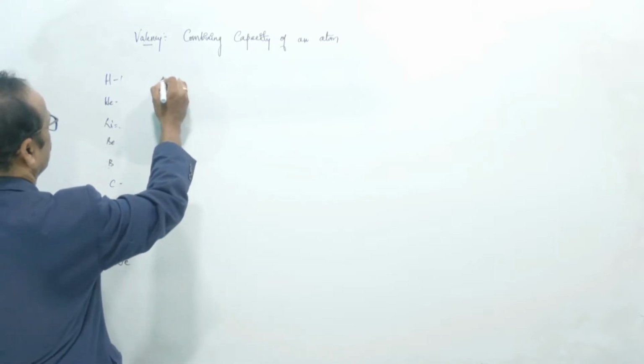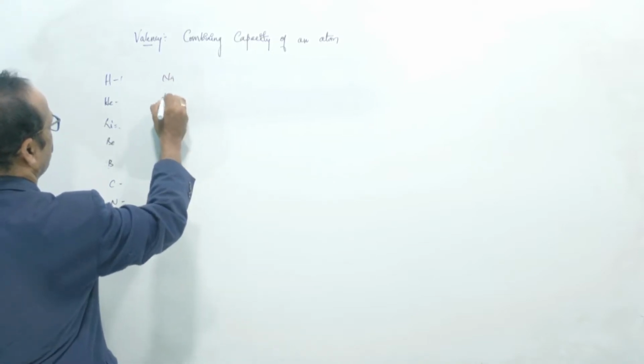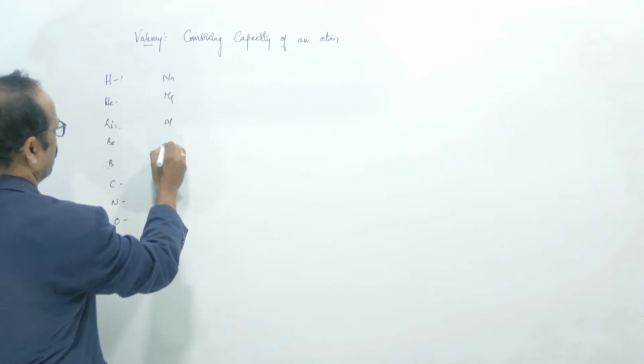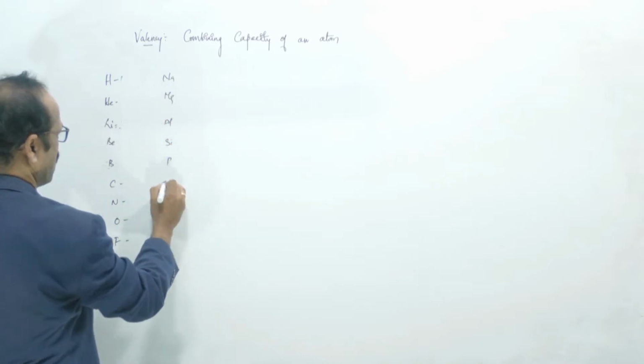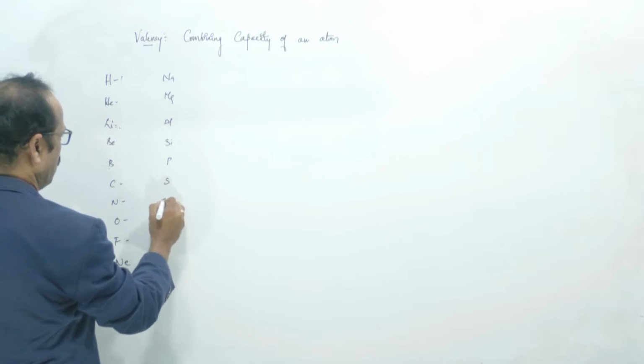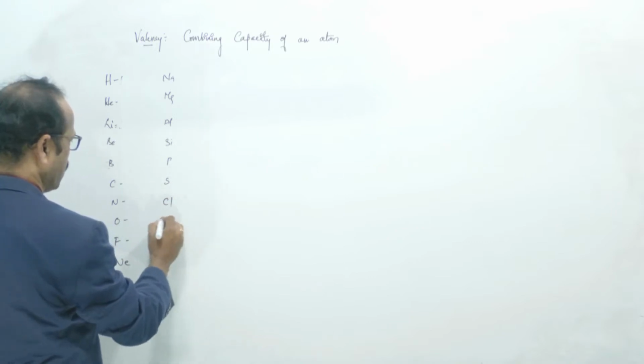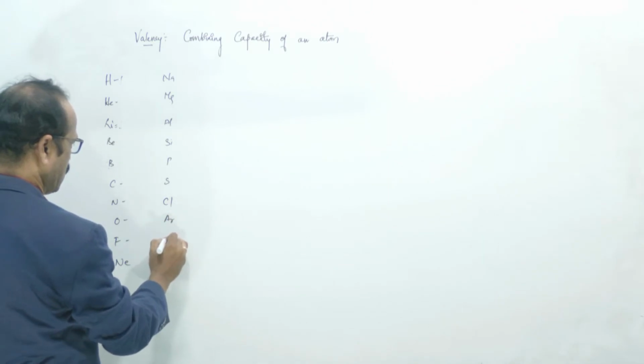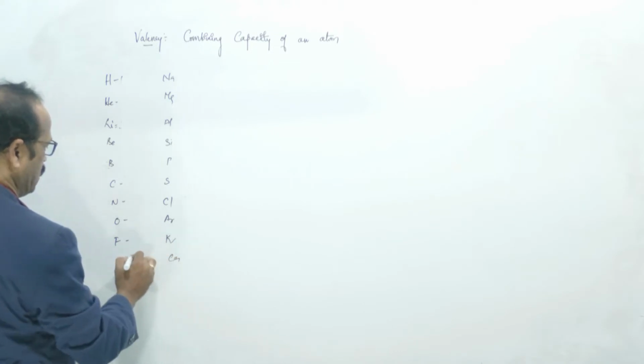Next sodium, magnesium, aluminium, silicon, phosphorus, sulfur, chlorine, 18 argon, 19 potassium, 20 calcium.